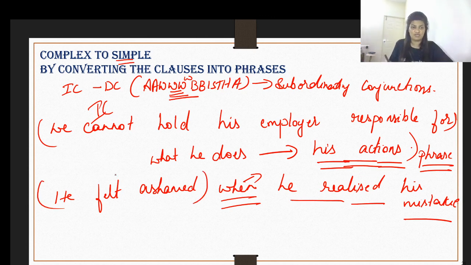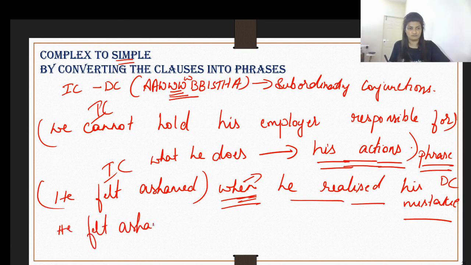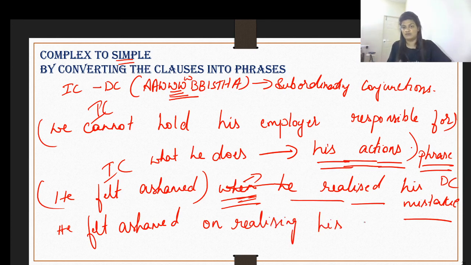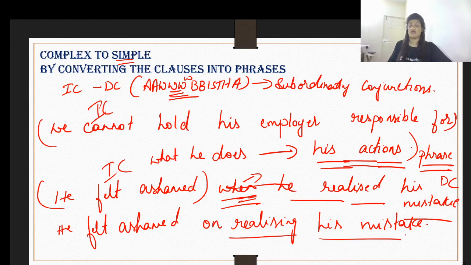He felt ashamed, independent clause. When he realized is your dependent clause, and there you have your conjunction. Eliminate this, and bring in the ing verb as your phrase. He felt ashamed on realizing his mistake. So there you have your simple statement.